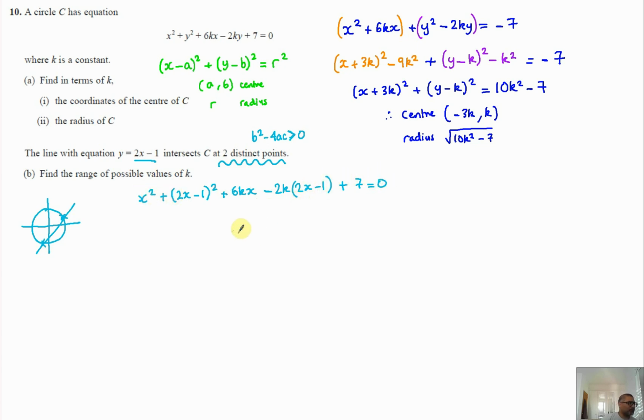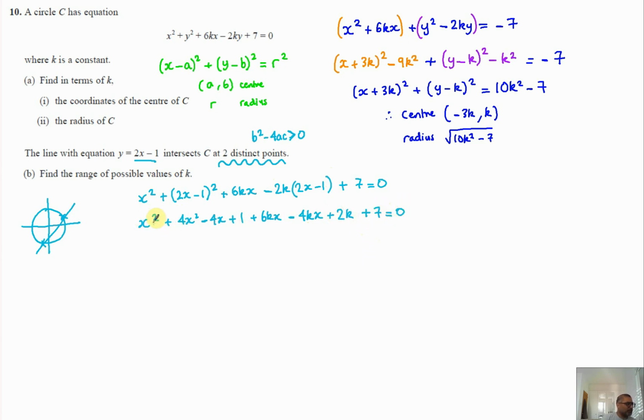Let's expand, simplify and neaten this up a little bit. So that gives me x squared, then 4x squared minus 4x plus 1, plus 6kx, and then expanding this bracket, that gives me minus 4kx plus 2k, minus times a minus, and I've got plus 7 equals 0.